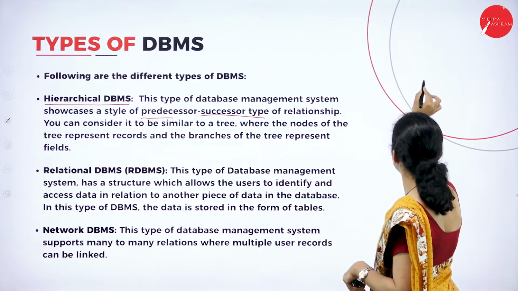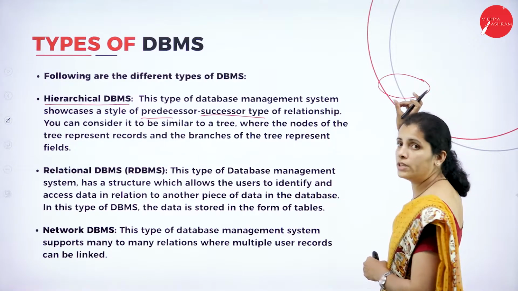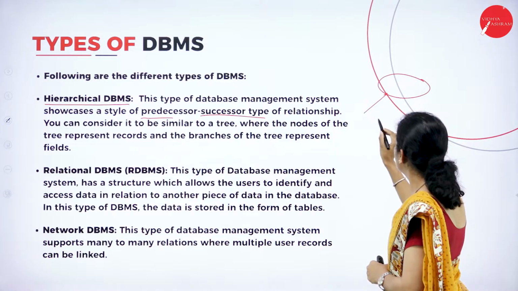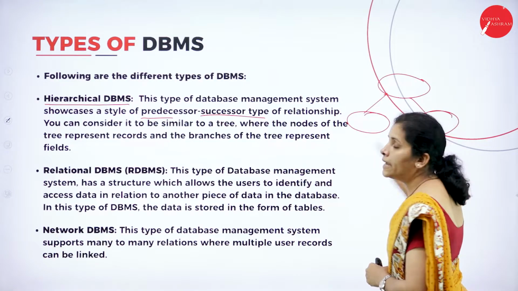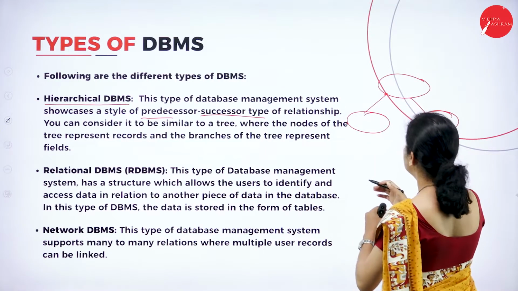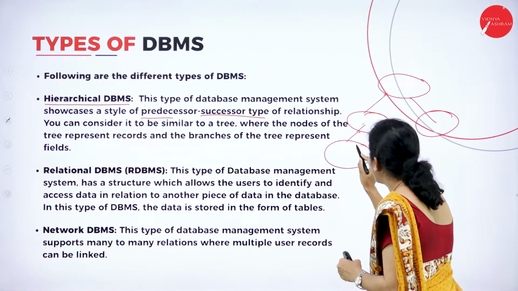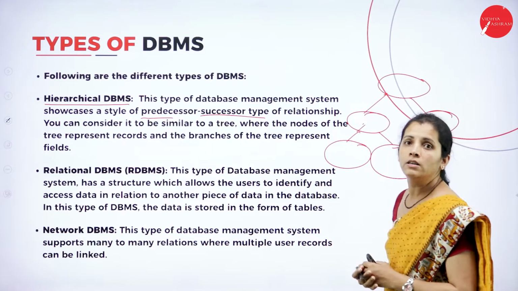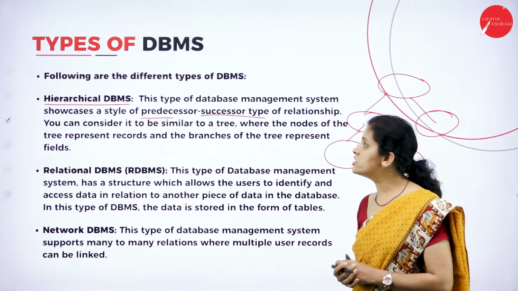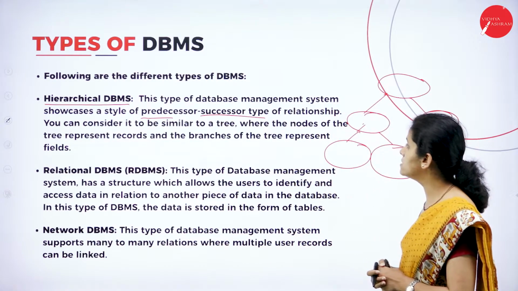For example, think that this is my root of the tree, then I'm going to have the predecessor. And if I consider this is my successor, for this I'm going to have the predecessor. This kind of data representation is called a hierarchical database management system.